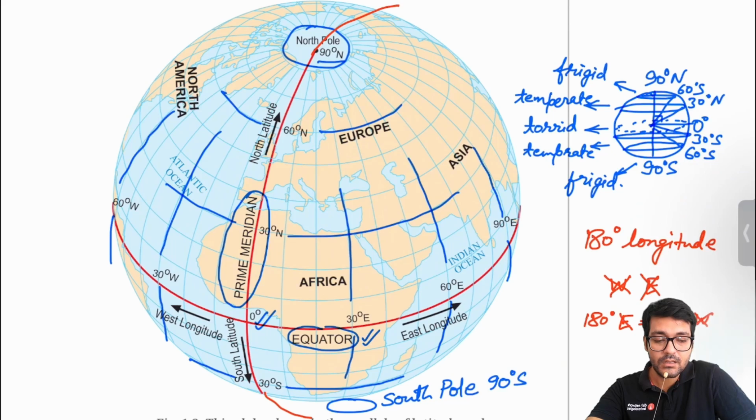So the letter E and W are omitted. So the meridian opposite to prime meridian or Greenwich meridian is called 180-degree longitude. Later we will see this is approximately closer to the international date line.